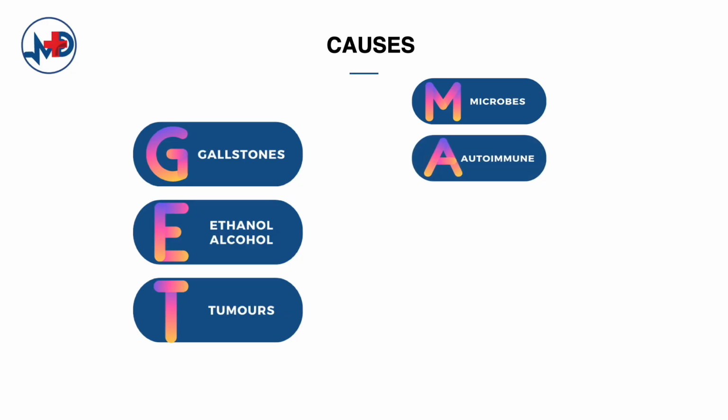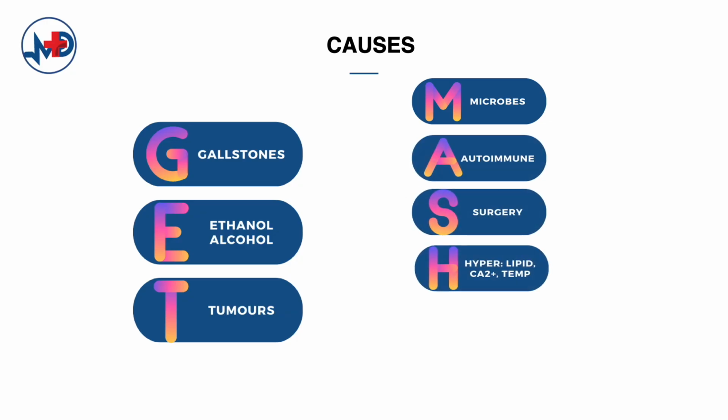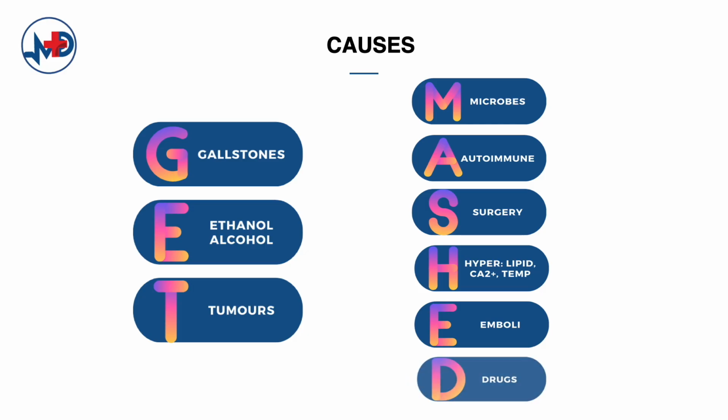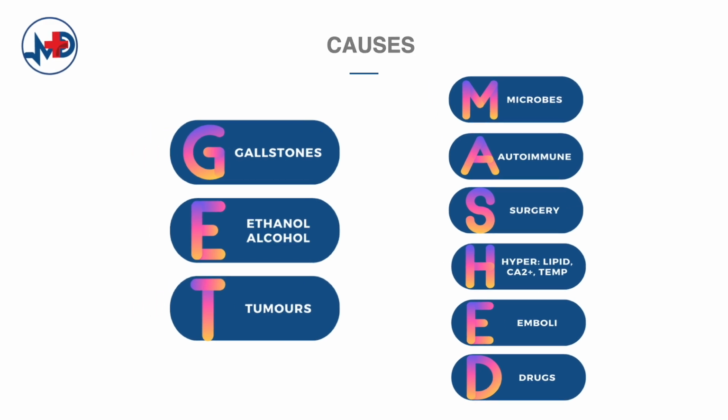A for autoimmune, like SLE. S for surgery or trauma. H for hyperlipidemia, hypercalcemia, and hypothermia. E for emboli or ischemia, and D for drugs or toxins such as azathioprine, furosemide, or it could be idiopathic.